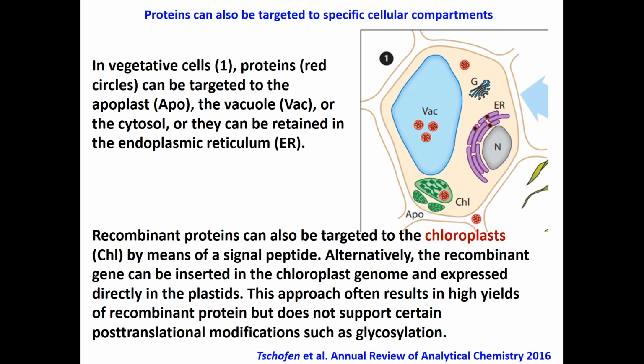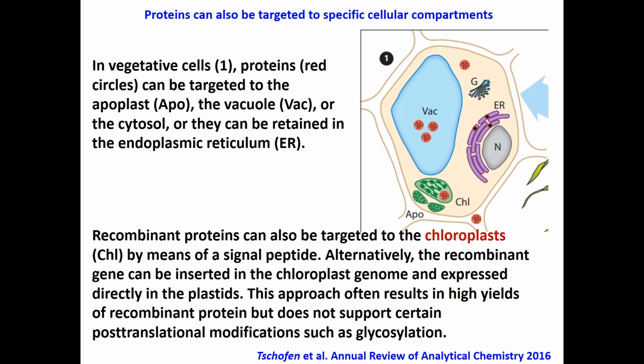That means the plant is used not only as a platform to produce biomolecules, it has many tissues, and you can choose particular tissues and target the protein to them to protect the protein integrity, functionality, and applications.